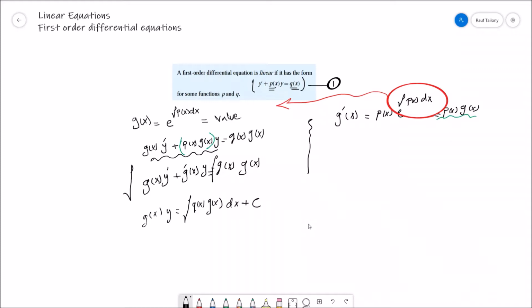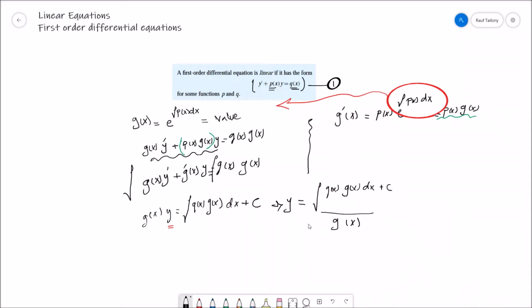Then from here we can find our y, which is our solution. So in this case, y equals the right hand side of the equation, which is the integration of q of x g of x dx plus c, over g of x.